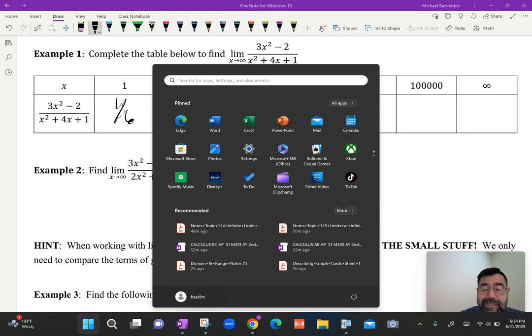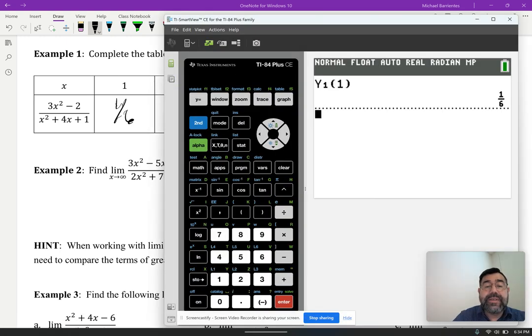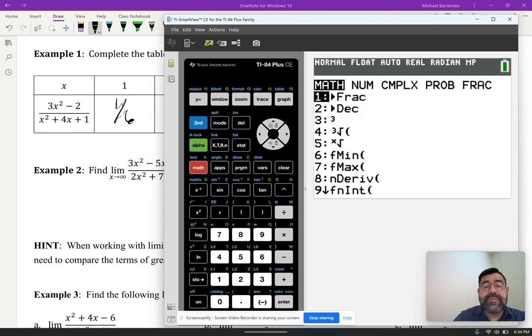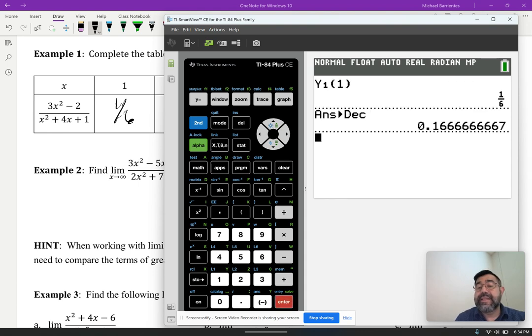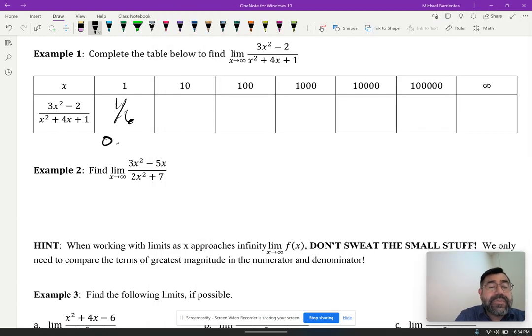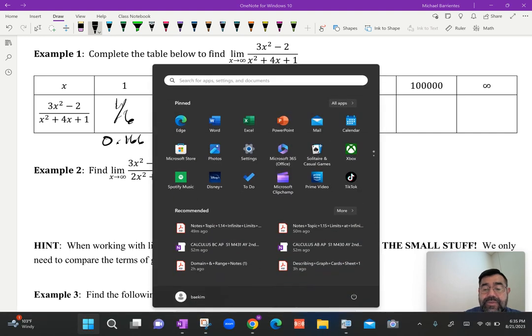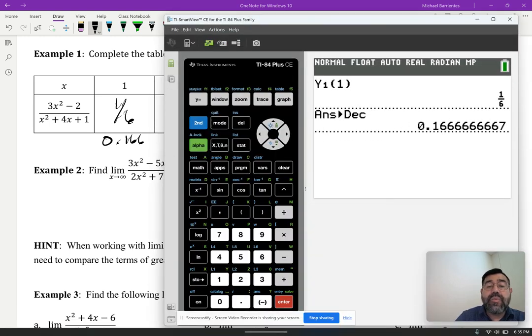If you want, we can convert that into a decimal and say that it's 0.166666. So I'm going to write that under 0.166, and then you fill in the table with the rest of the values. I'm going to copy paste and change that 1 to a 0.